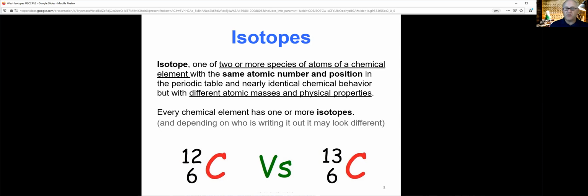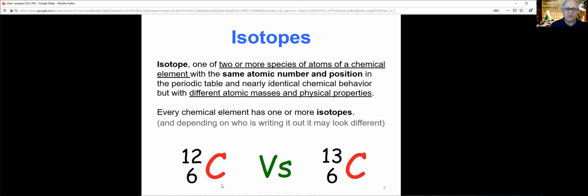And depending upon who is writing it out, it may look slightly different. Let's look at these examples here. We're going to use the elemental symbol C, and this stands for carbon. And on the bottom here is the number 6. Now, we know carbon is element number 6.